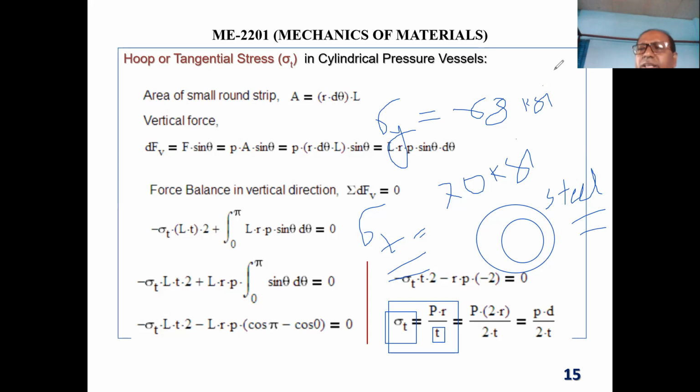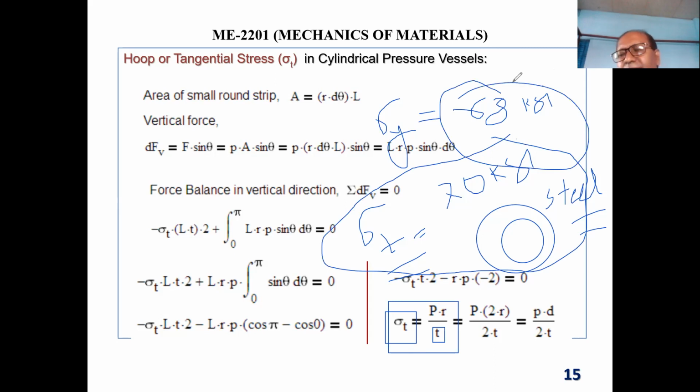So what do you see from here? You see that your pressure vessel will immediately fail, because your tensile hoop stress, or circumferential stress or tangential stress, becomes higher than the yield strength.